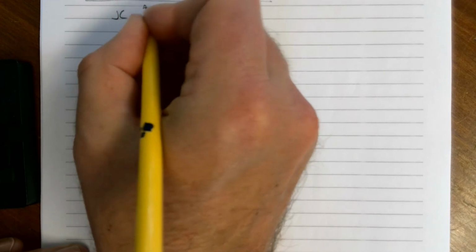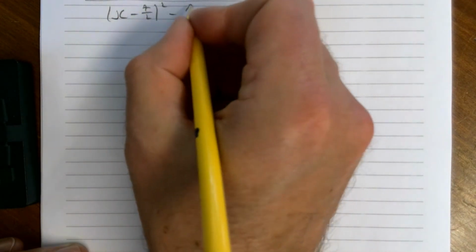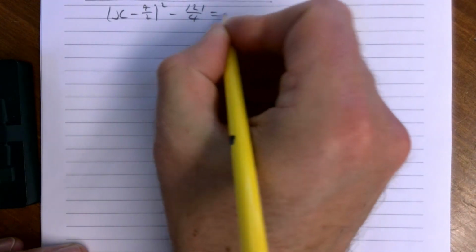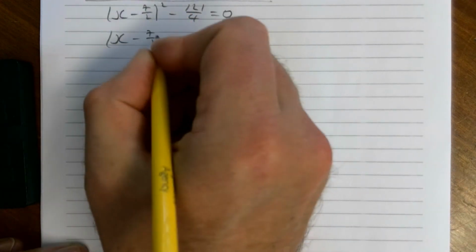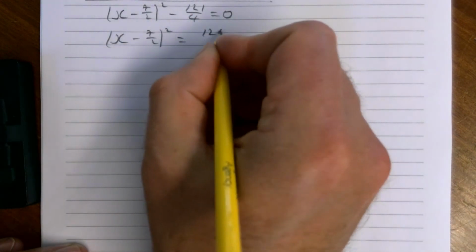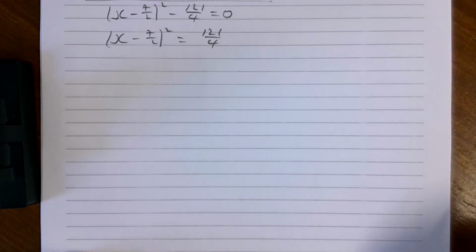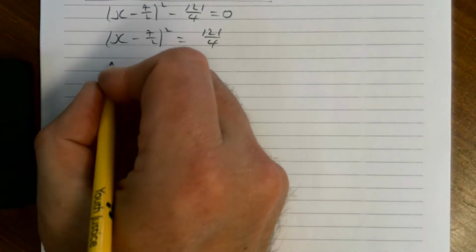Now to solve this, if we let this equal to 0, x minus 7 over 2 all squared minus 121 over 4 equals 0. Should maybe have done that at the start, but that's okay. And we're then going to take the square root of both sides.